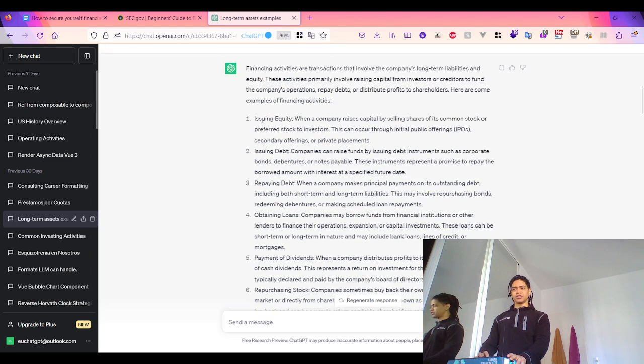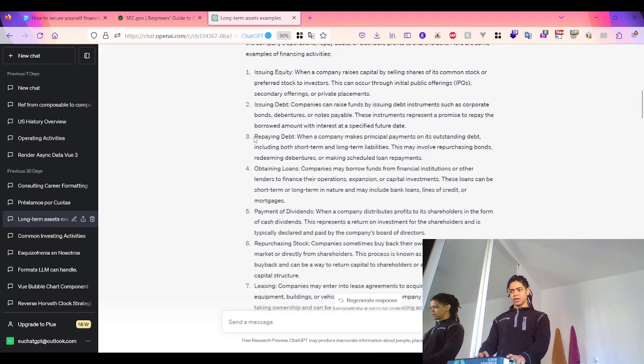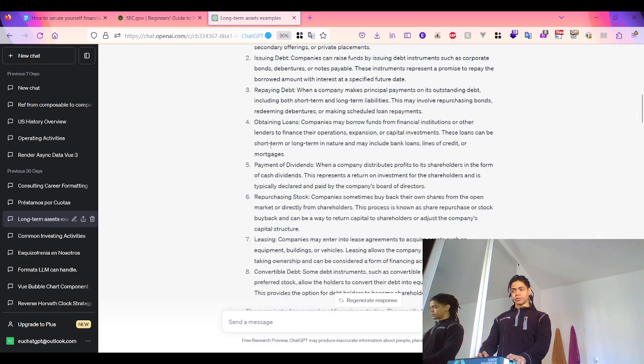So if a company is constantly relying on issuing equity or issuing debt, meaning taking out debt or issuing stocks, that might not be a good sign of a good investment. So repaying debt is good. Obtaining loans, if a company constantly relies on this, well, it's not.